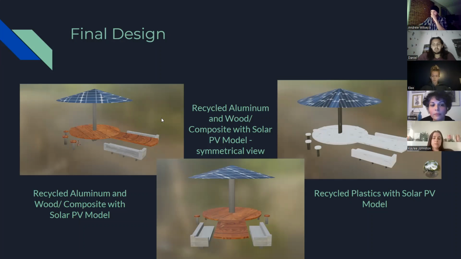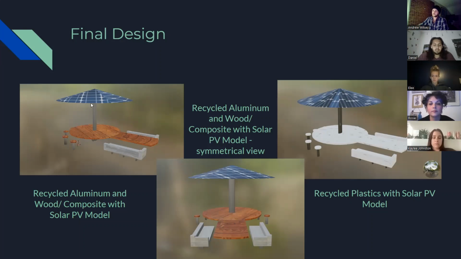We pulled together all of our design principles and ideas that we wanted to incorporate and stuck them into one model. As you can see here, we threw a couple of different texture and material options onto the model to showcase how it might look.